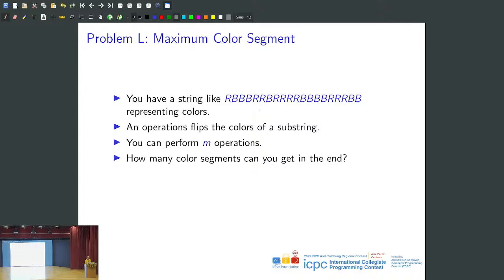An operation is you take a substring here and flip all the colors. And if you do this, all kinds of stuff can happen.